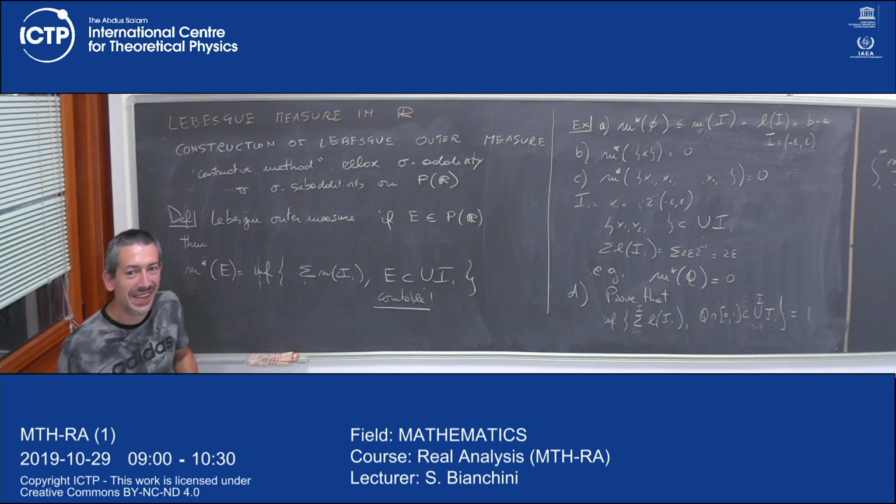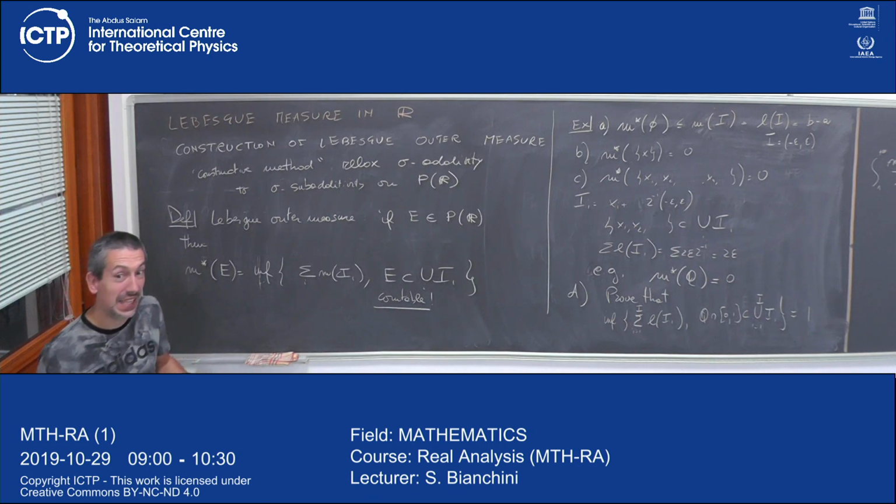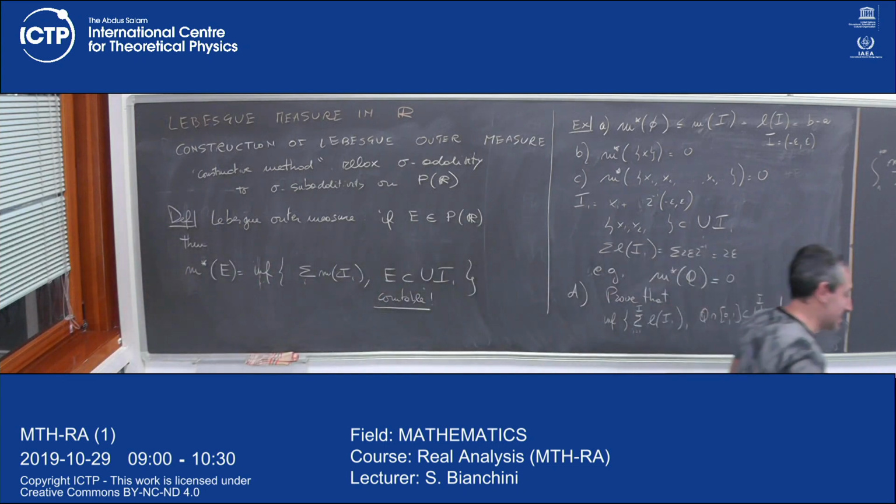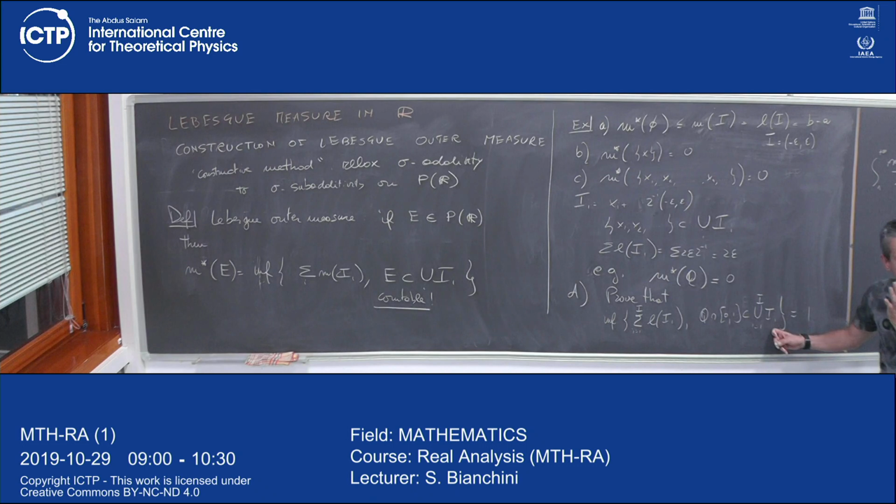Okay, this is for you, I leave it for you to have fun. I think there's some problem here. Is this equal to the outer measure of Q intersected with the interval 0, 1? This one? No, because I take a finite covering, not a countable covering.